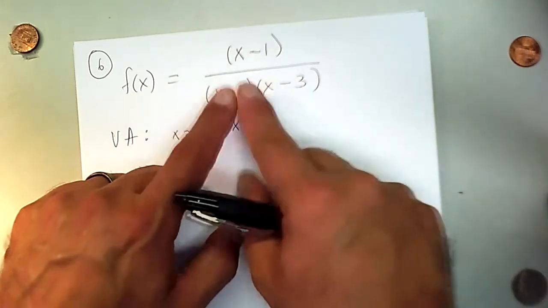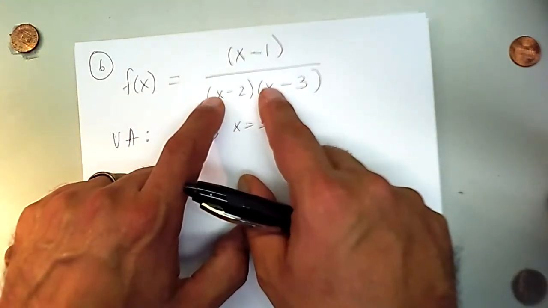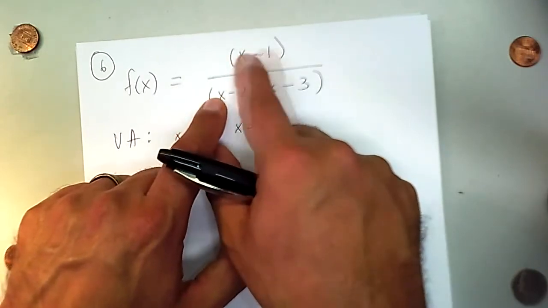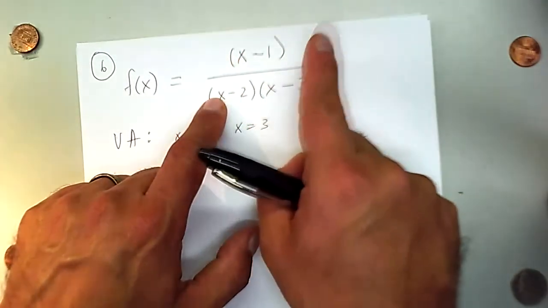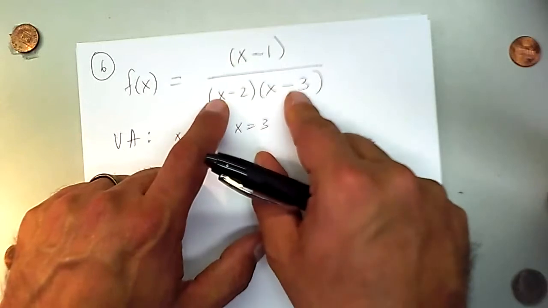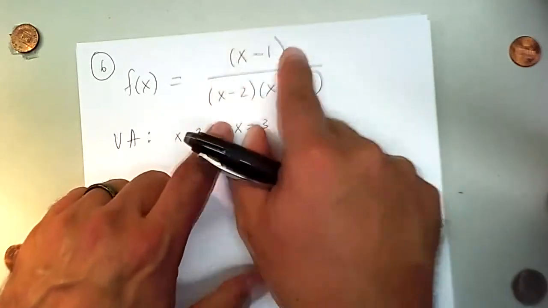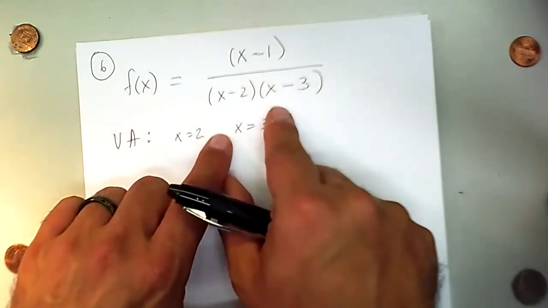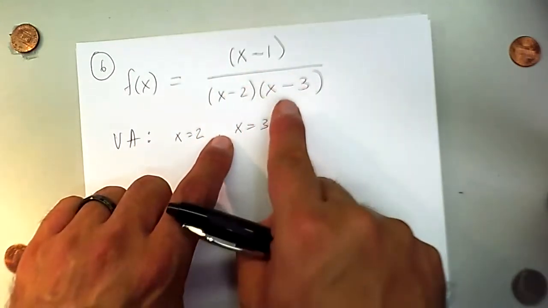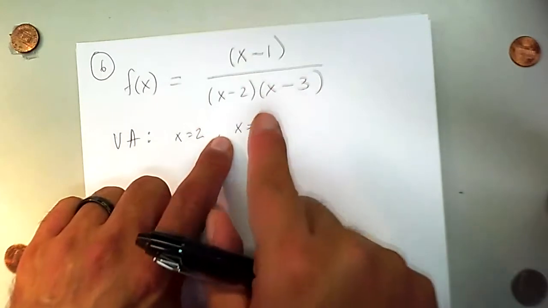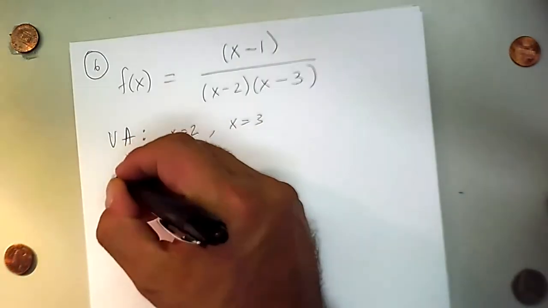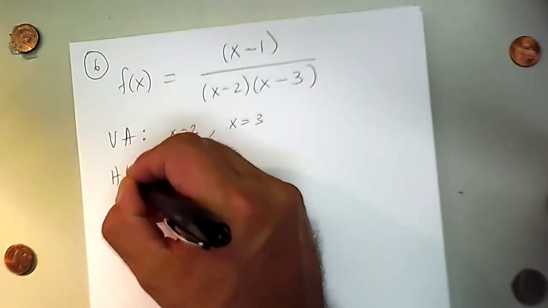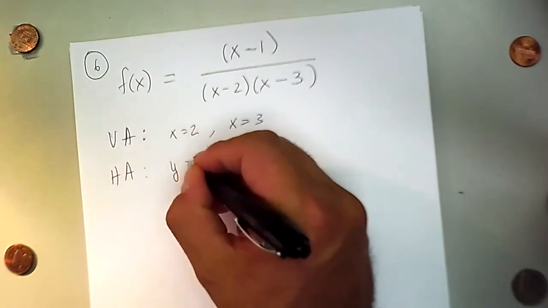The numerator is a polynomial of degree 1. The denominator is bigger, so this function is what I would call bottom heavy. If we have a function that is bottom heavy, that means that the horizontal asymptote is y equals 0. So the horizontal asymptote is y equals 0.